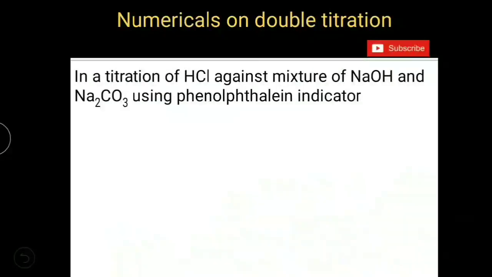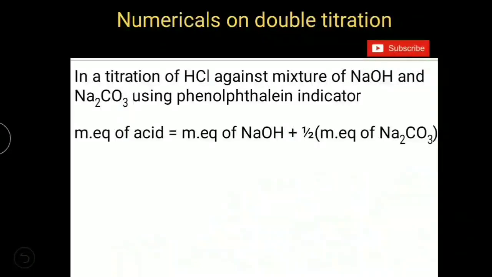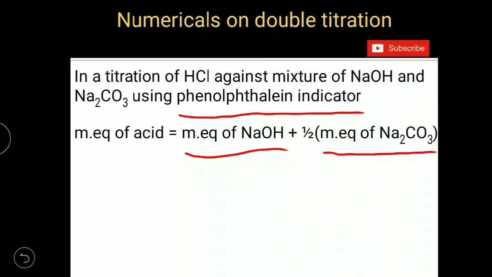And in a titration of HCl against a mixture of NaOH and sodium carbonate using phenolphthalein indicator, the valid relation is: milli equivalents of acid is equal to milli equivalents of sodium hydroxide plus half of the milli equivalents of sodium carbonate. Because phenolphthalein is able to identify the complete neutralization of sodium hydroxide, but it can identify only half of the neutralization of sodium carbonate.